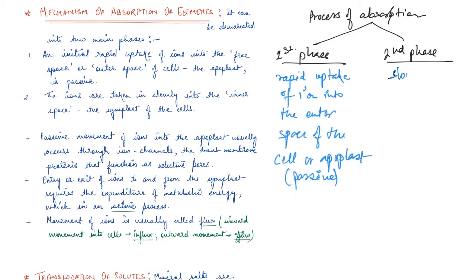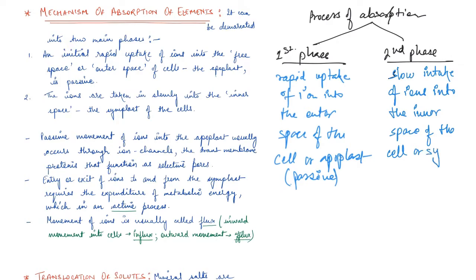Remember, it is slow intake of ions into the inner space of the cell, which is the symplast. Now, guys, one more thing. The second phase is done through active absorption. We'll study about this as well.